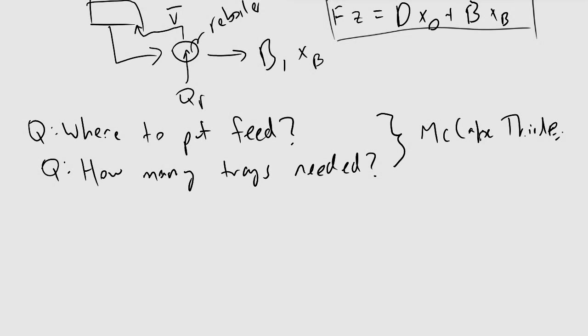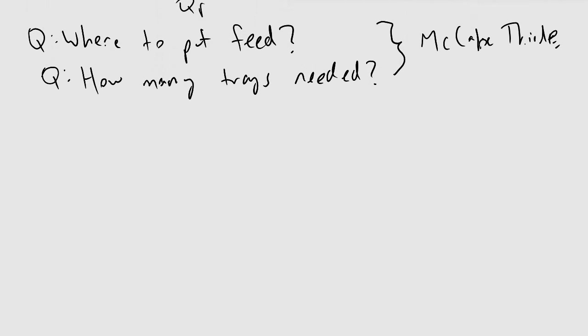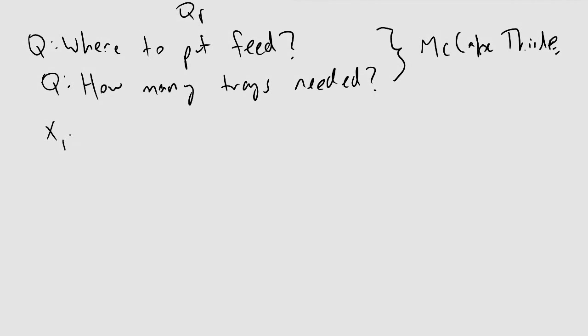So the variables that play in a McCabe Thiele diagram will be the required distillate composition of your more volatile component, XD; the molar composition of your more volatile component in your bottoms stream, XB; the molar ratio of your more volatile component in your feed stream, called Z; the quality of your feed, which I will go into; as well as two terms called the reflux ratio, which I call R, and the boil-up ratio, which I call VB.